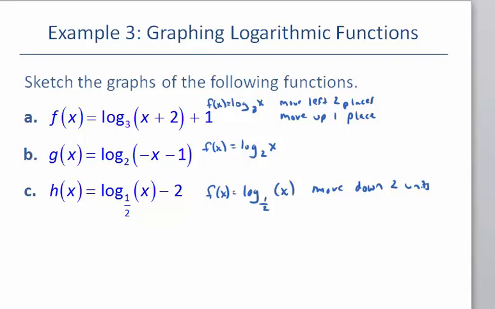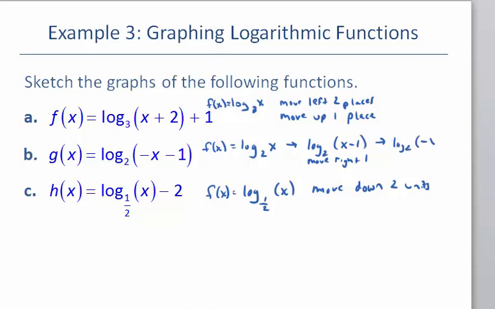this x got replaced with an x minus 1. So when that happened, what did it do to the graph? It moved the graph to the right 1 unit. And then this negative came into play, and basically it looks like they took this x and replaced it with a negative x.